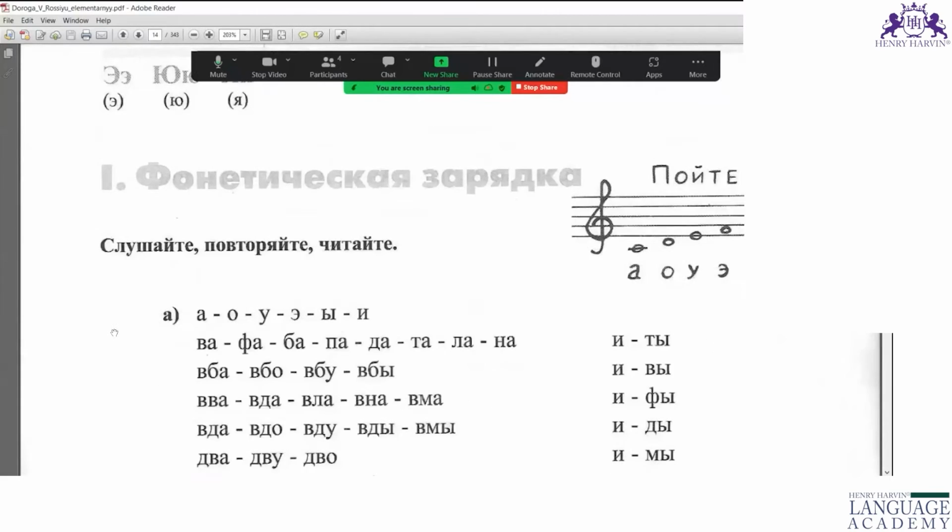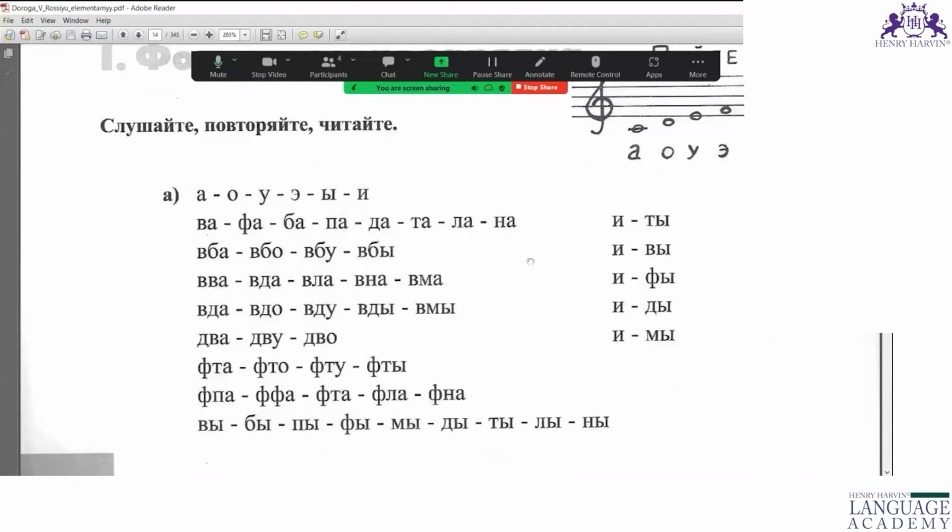Okay, so we will see some practice here. We already have combinations of many consonants. Vishal, can you read the third line? Ба, бо, бу, ду. Okay, see the next one. Ва, вда, вла, вна, вма. Padma Priya.